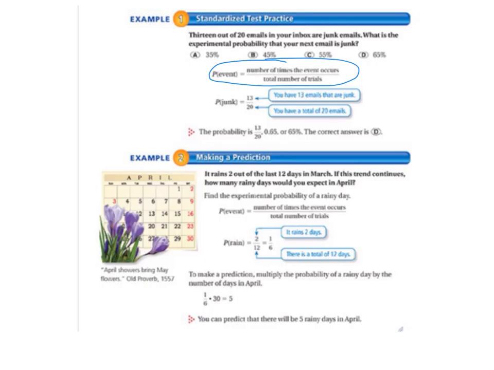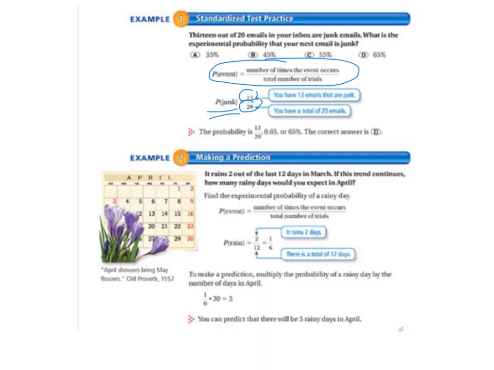So we have 13 emails that are junk divided by the total number of emails we have. So 13 out of 20 is the probability of having junk emails.